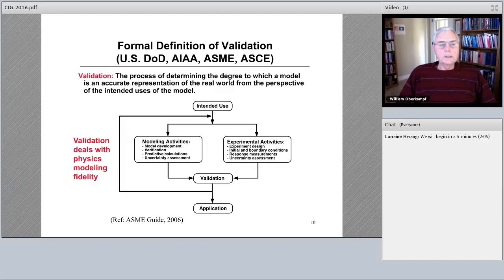So validation deals with physics modeling fidelity, and particularly an assessment of physics modeling fidelity. I'll contrast that with calibration in a little bit. Then you have the issue of whether it is adequate or inadequate for your particular application, and you go on if it is adequate. I have similar diagrams later on to make the point of all the different aspects that go into this decision making.